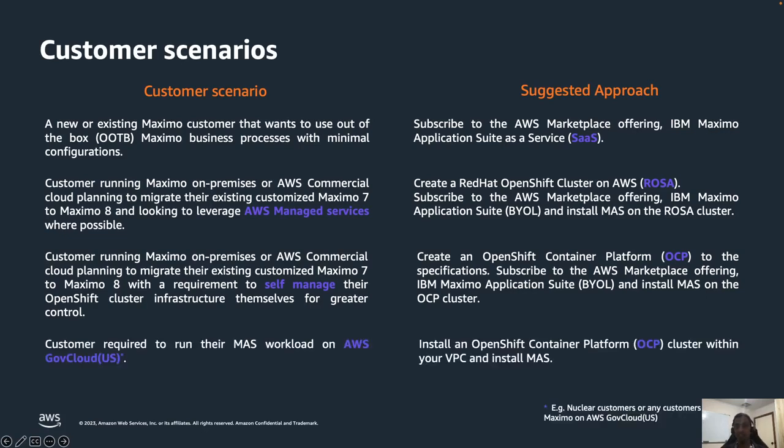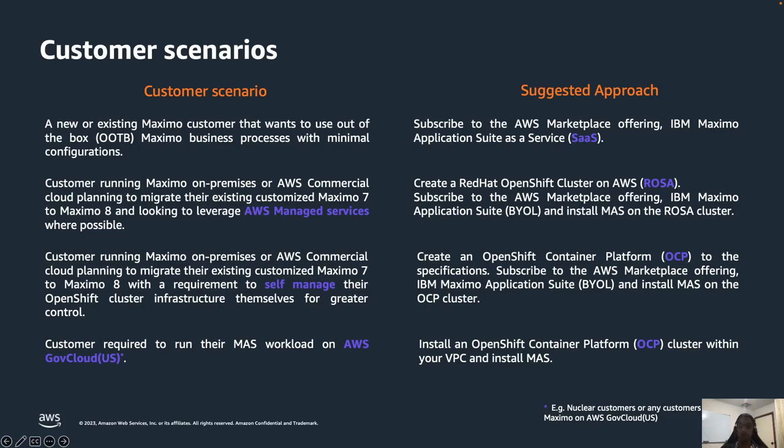The fourth and final customer scenario that we are exploring here is when the customer has a special need or a requirement to run their MAS workloads on AWS GovCloud. Now, in this scenario, as we saw, AWS Marketplace is not an option to install MAS.